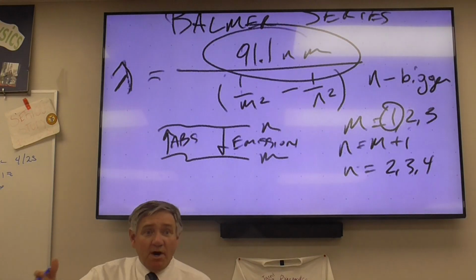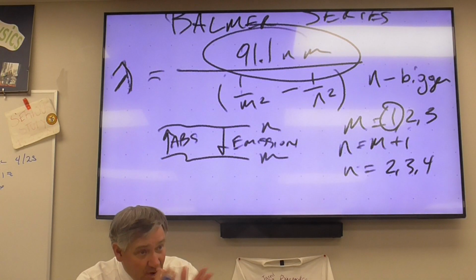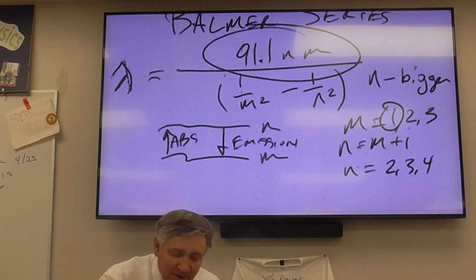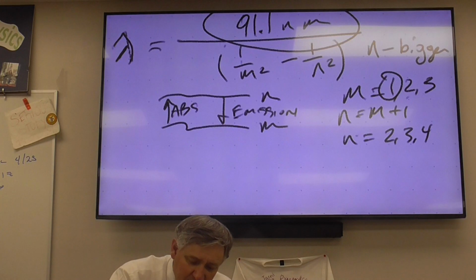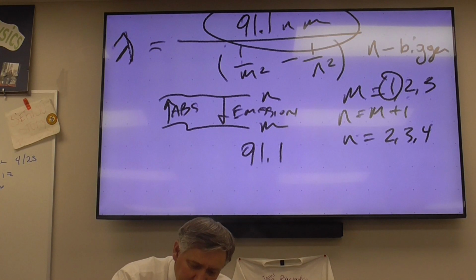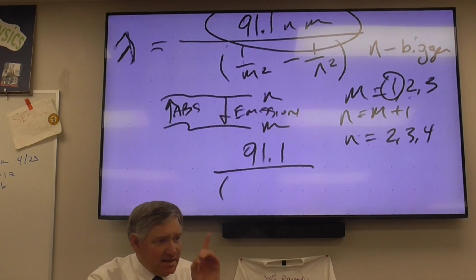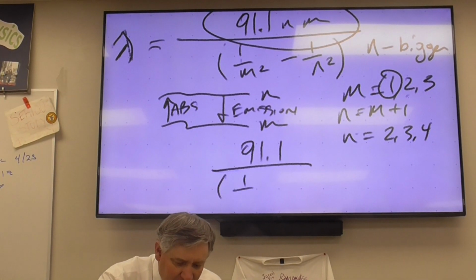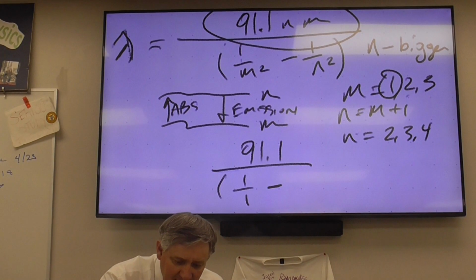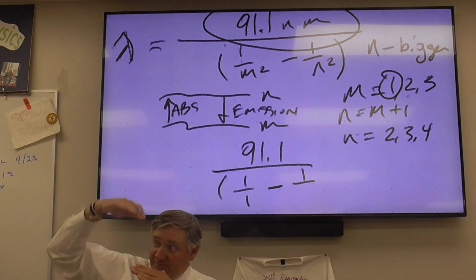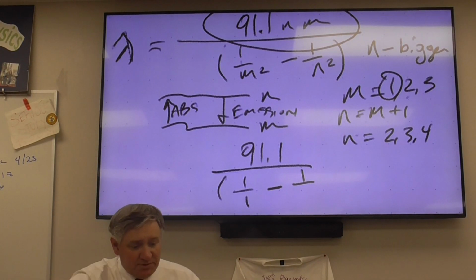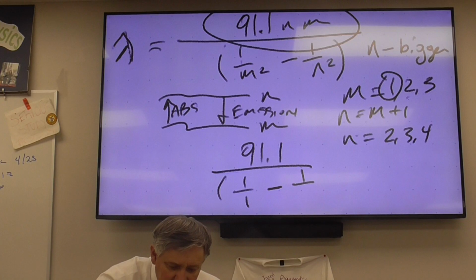If you wanted to calculate a wavelength on an emission spectrum, for example, you would take 91.1, and then if you let m equal 1, so that would be 1 over 1, and then let's say the next value up, n would equal 2, but that's going to get squared.